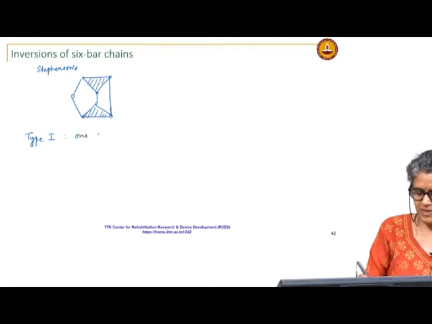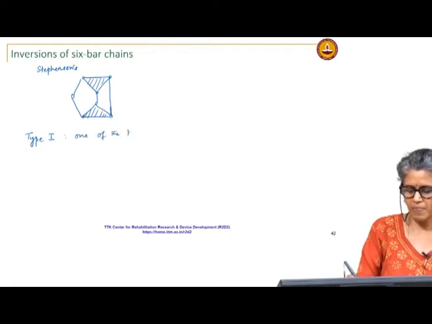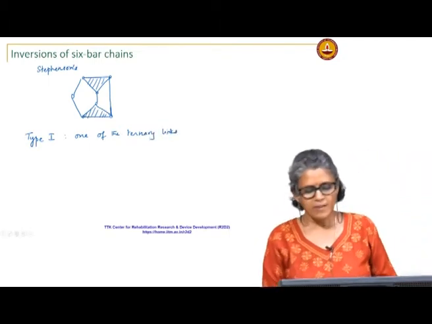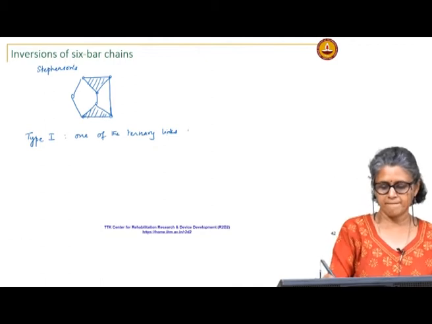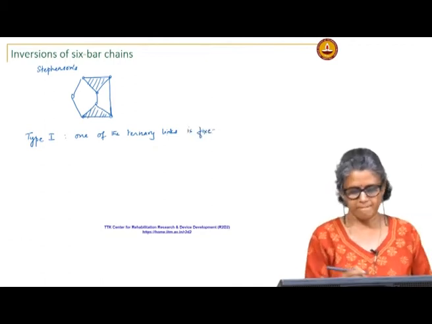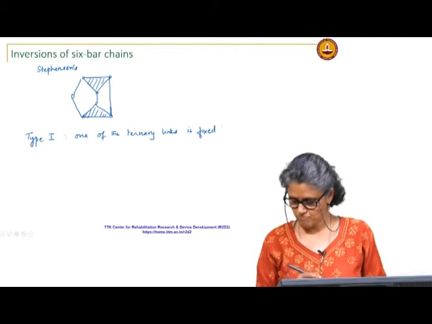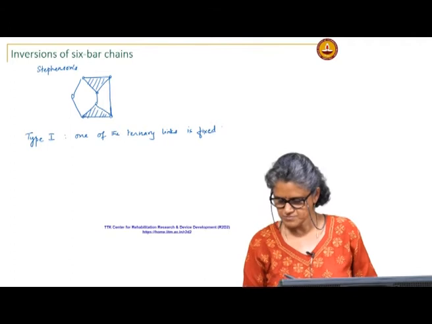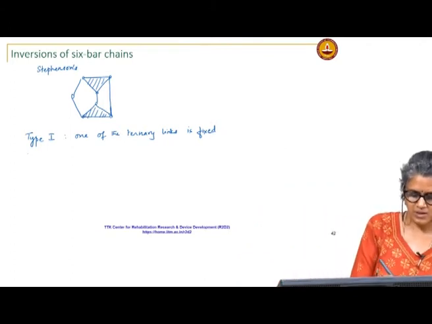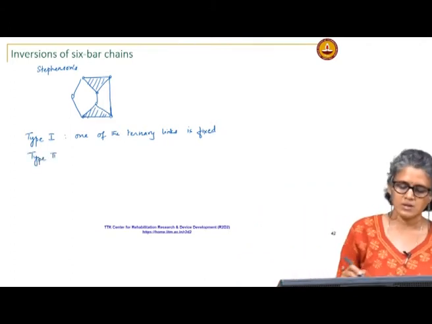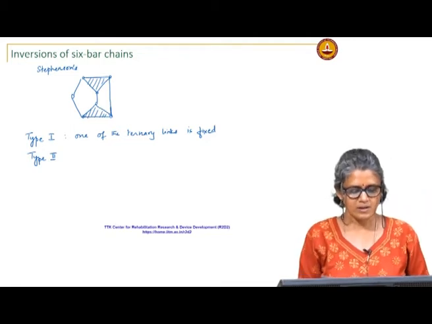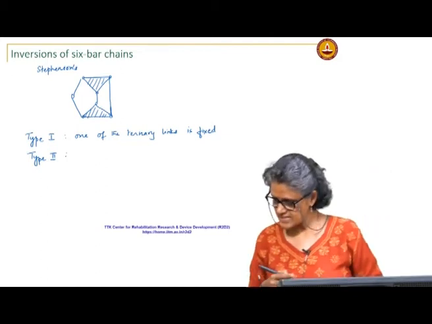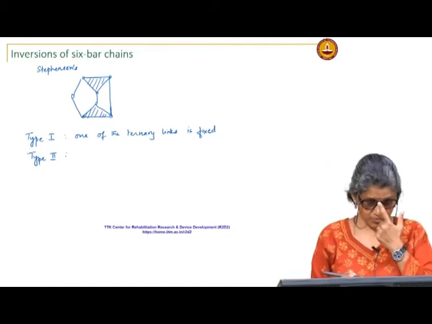One of the ternary links is fixed. Okay. Type 2, one of the binary links that are connected to each other.